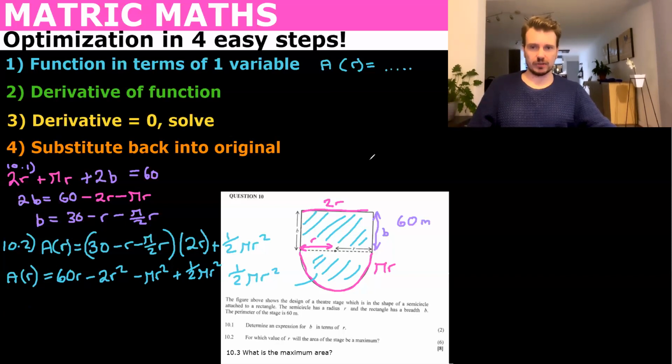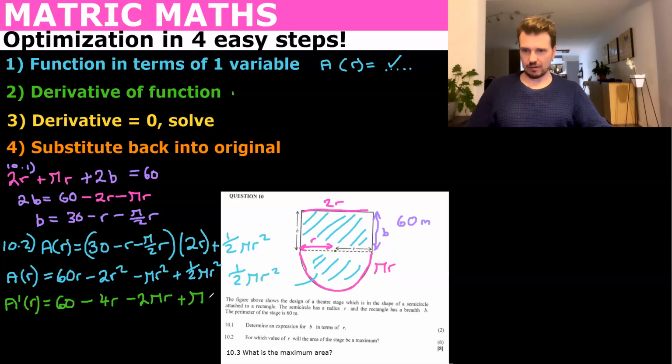Now we're going to do the green bit, the derivative of the function, A dash of r equals 60 minus 2 times 2 is 4r. 2 times pi is minus 2 pi r. And then 2 times a half is just 1, so that's plus pi r.